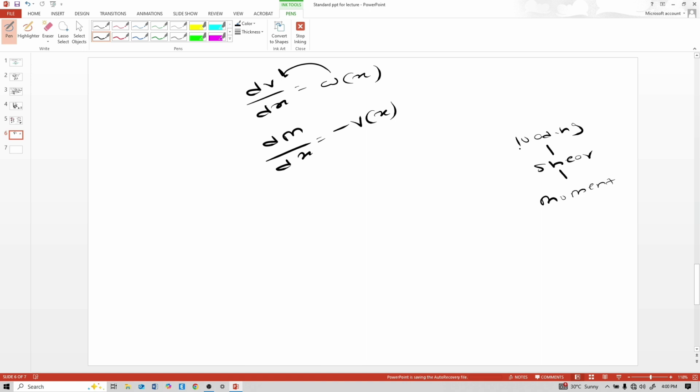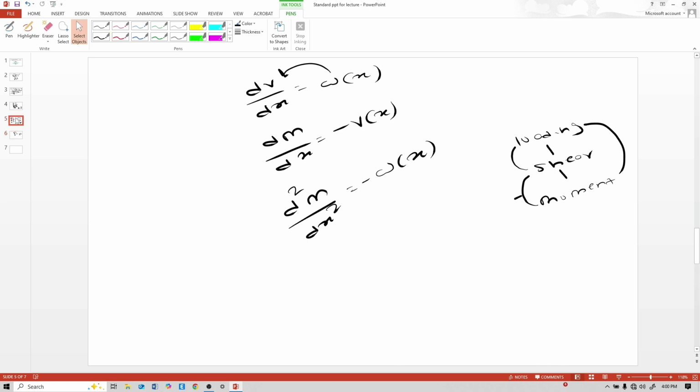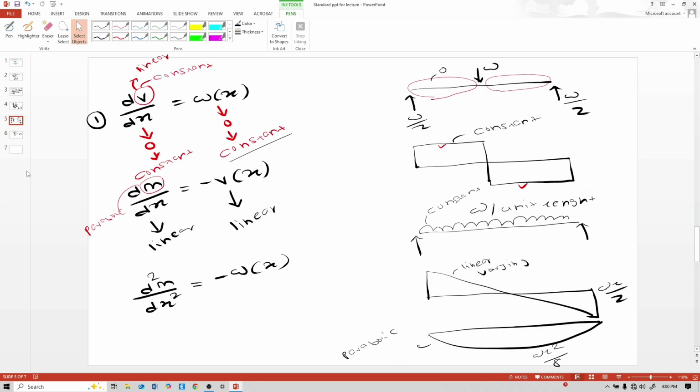So relation is like this: dv by dx is equal to w of x, and dm by dx is minus v of x. Here minus sign comes, and here d square m by dx square is equal to minus w of x. This is like this. Thank you very much.